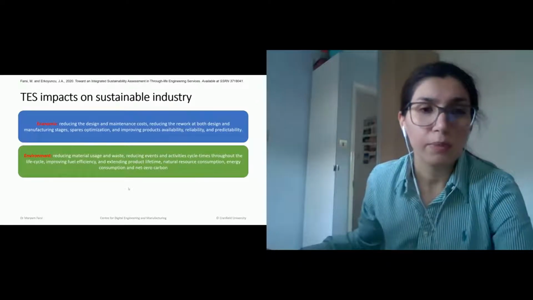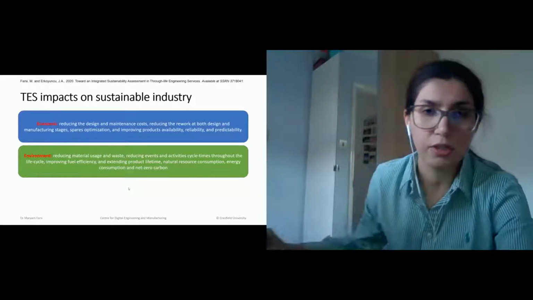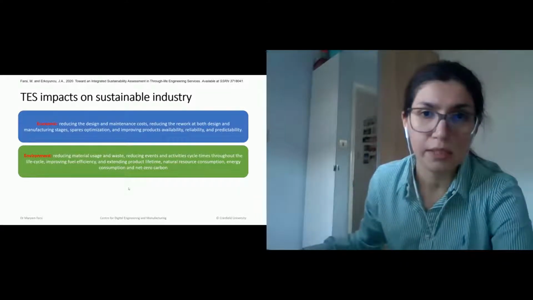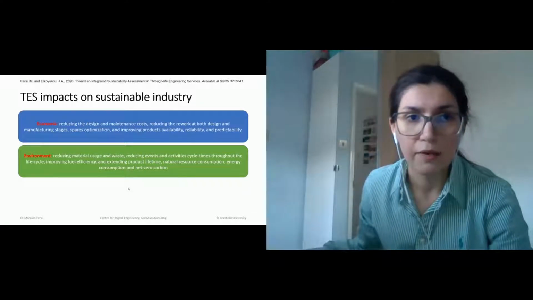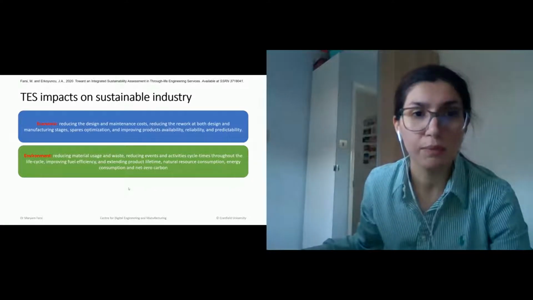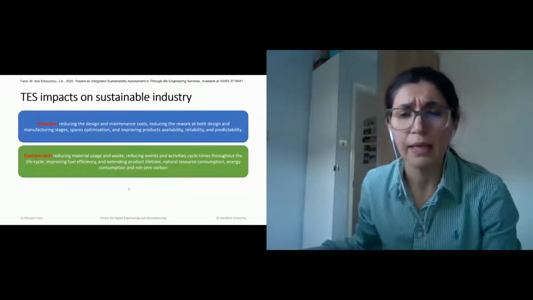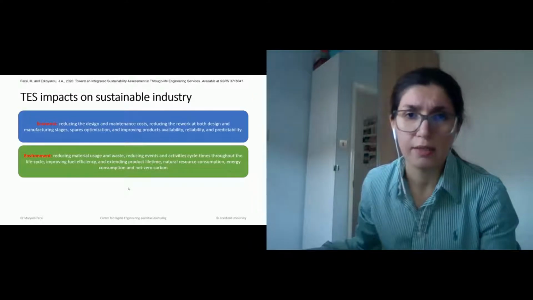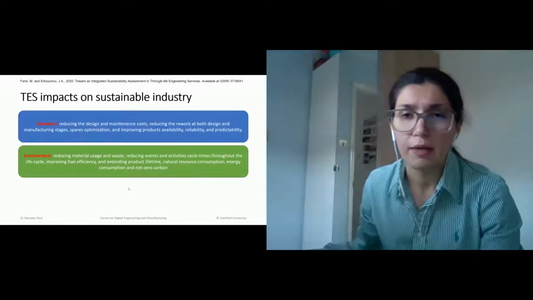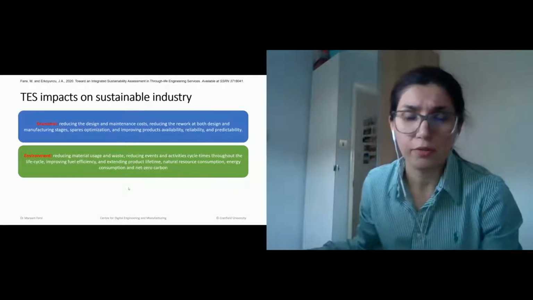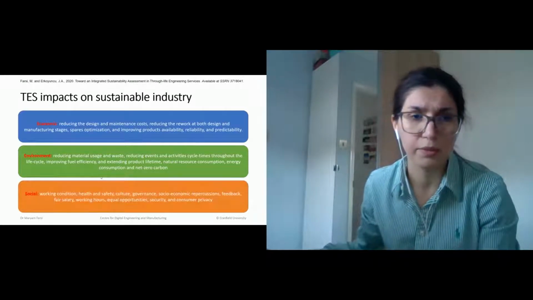In terms of the environment pillar, TES can reduce the material usage and waste, reduce activities throughout the product life cycle, improve fuel efficiency, extend the product lifetime, minimize all the disruption costs that might happen during the product life cycle, and also reduce the natural resource and energy consumptions, looking at net zero carbon footprints.